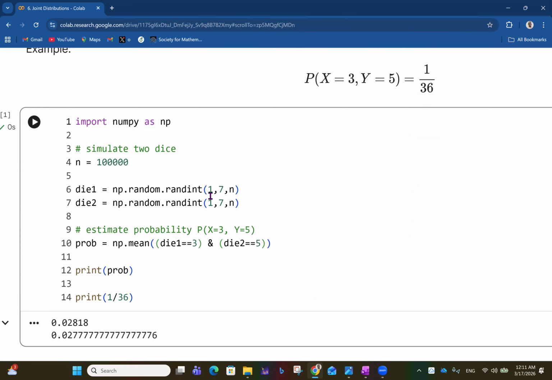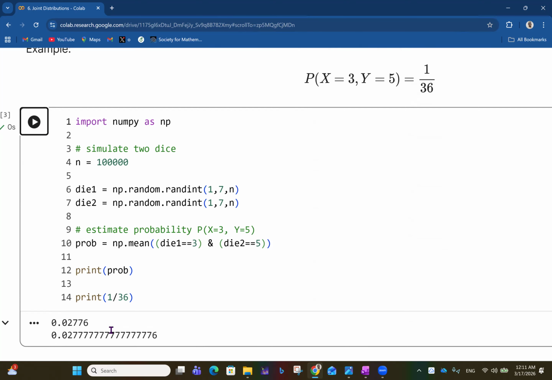We have 1 to 7 here because in Python the range starts from 1 but stops a step short of 7, so we have 1 to 6 in short. You do that simultaneously for both dice, because it has to be joint. So you get 0.02722. Because it's random, the value differs slightly.